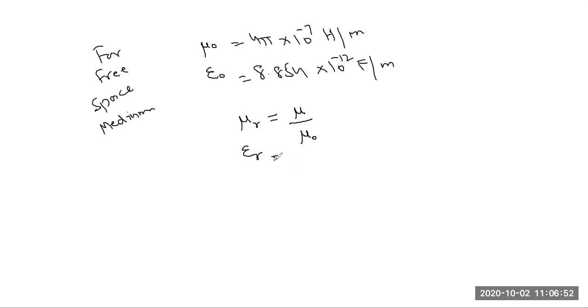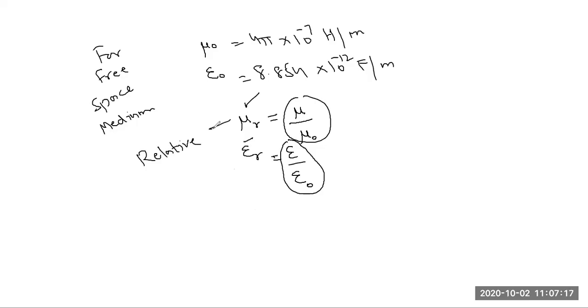And similarly, relative permittivity means the permittivity of the given media, represented by epsilon, compared with free space. Whatever value you get from this will be known as the relative permeability of the medium, and whatever value you get from this will be known as the relative permittivity. These are some important quantities that you should know as a student of microwave engineering.